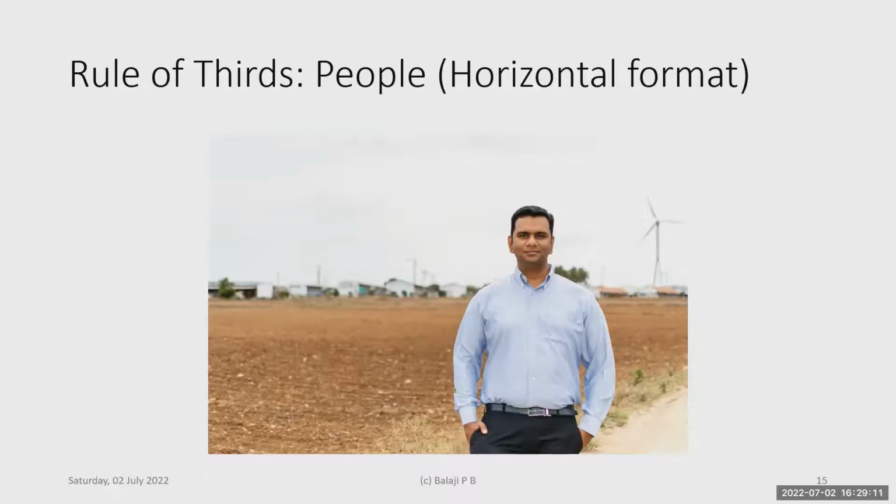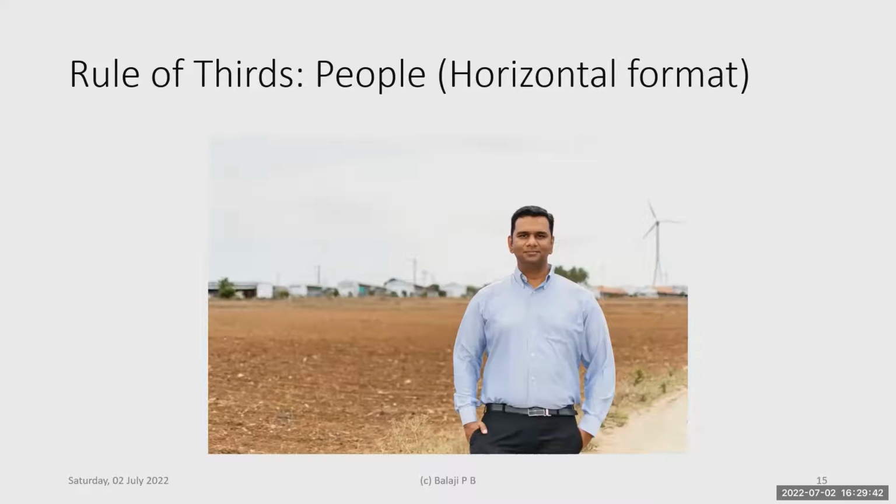It can be to one side of the image, either to the right or the left, but never in the center. This is a picture of me standing against the backdrop of my farm. In this case, I want to emphasize my farm as well, so I've included a part of it in the background. I am on the right of the image and my farm is in the background.